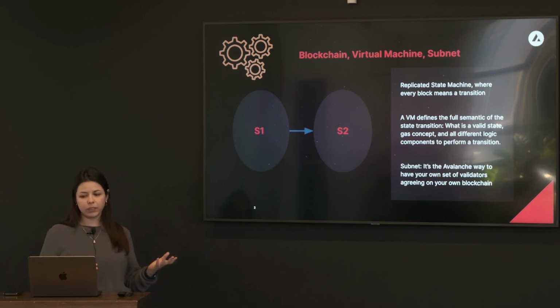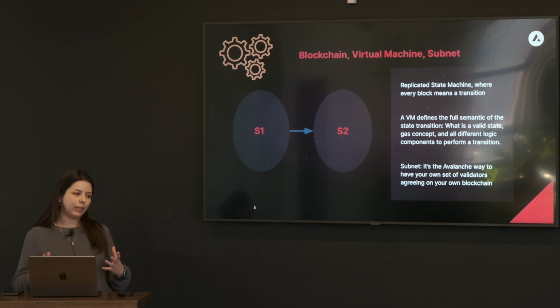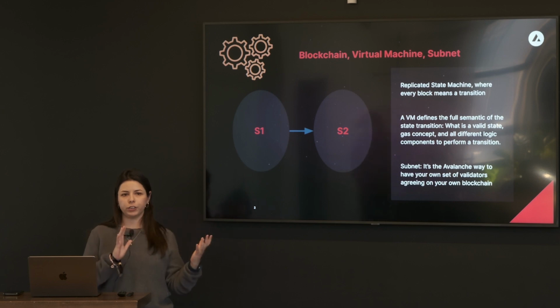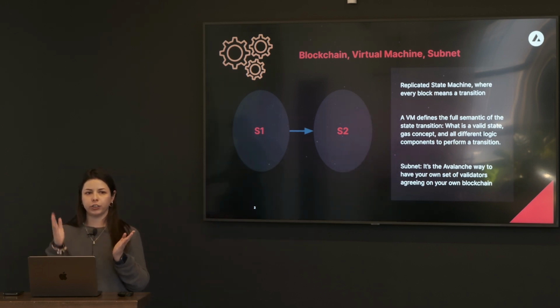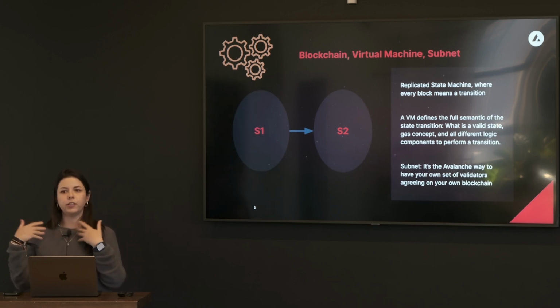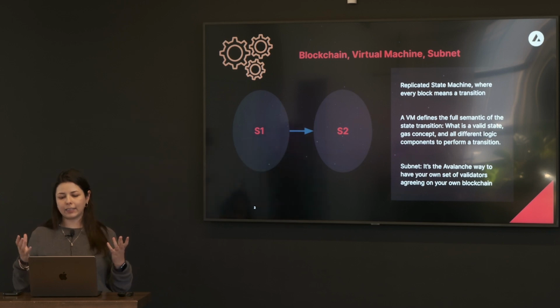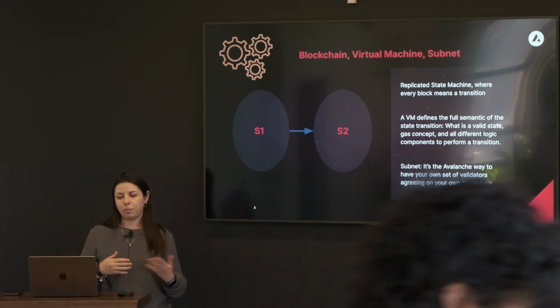Cool, so a blockchain, we can see it as a replicated state machine. What this means is that you can consider a blockchain to be in a certain state, and after processing one block or certain function, we will be transitioning into another state. So the virtual machine defines the full semantics on how these transitions are made.